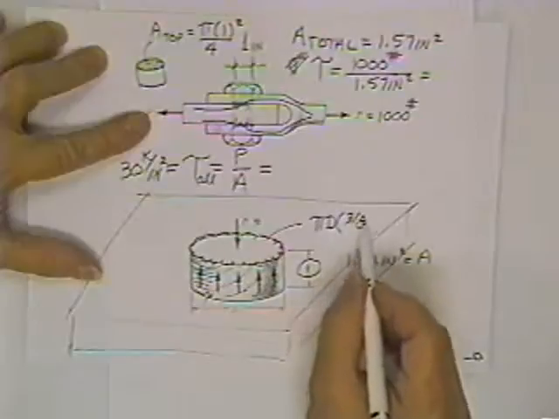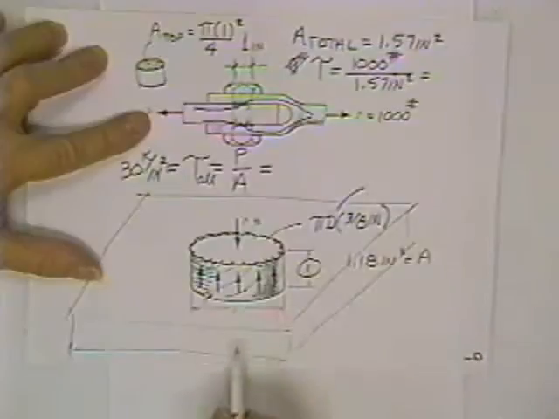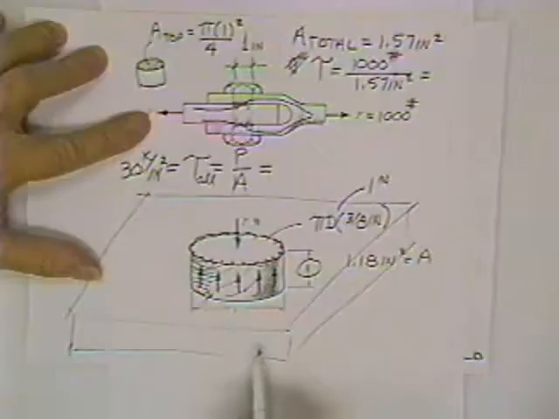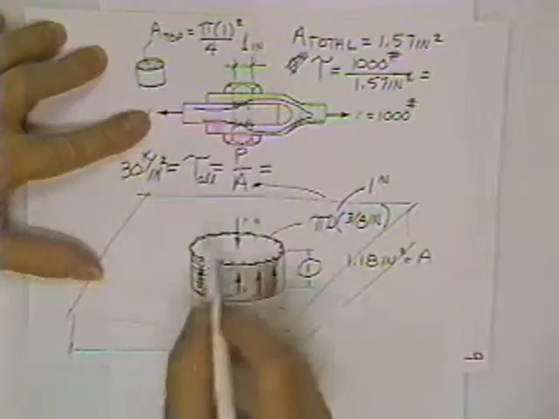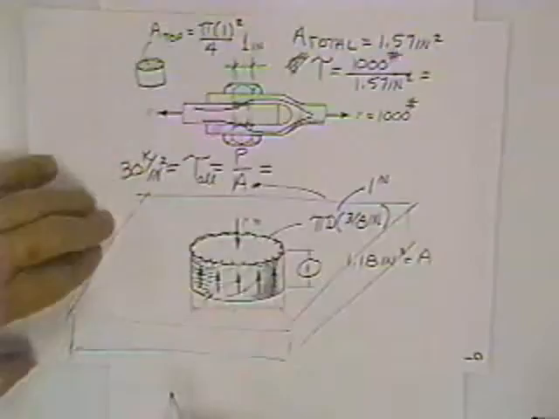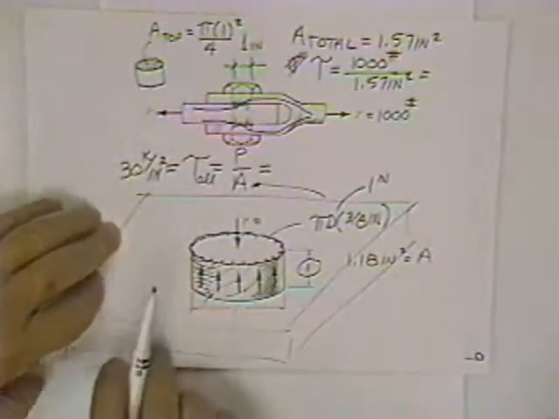In this case, the plate was 3/8 of an inch thick, and the diameter was given as 1 inch, and you have your area, pi times 1 times 3/8. You stick that number right in here. Then you can solve for how hard it is to poke a hole in a piece of structural steel so that you could bolt it on the job.